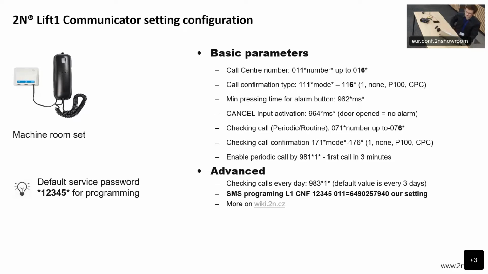There is a format for the SMS that I have configured, and when I send it, it confirms that everything was okay, and you can start using the device. So it is a quite quick configuration of the device.